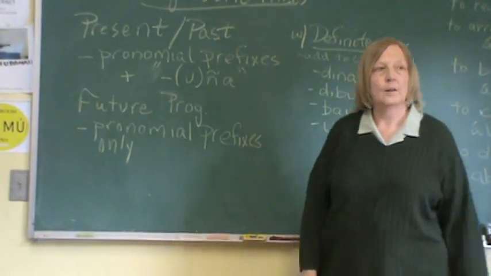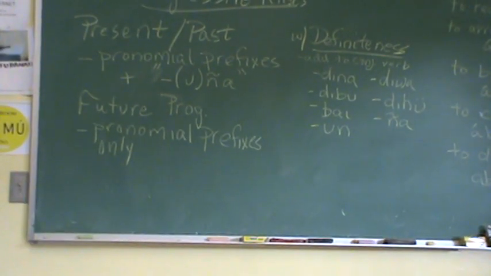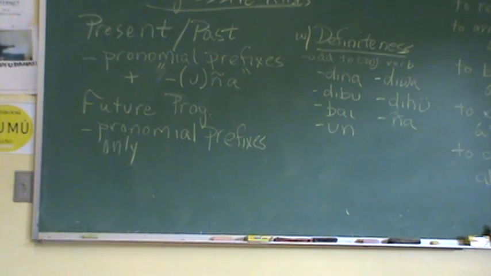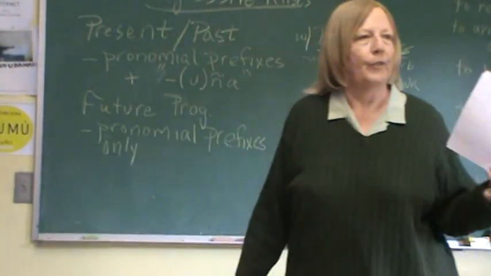Michelle, can you repeat that again? To form the present progressive or continuous, add the pronominal prefix, and then "nya". I'm saying it in Spanish, I know. It should be "nya". You got it. We could go through a few of the verbs too.